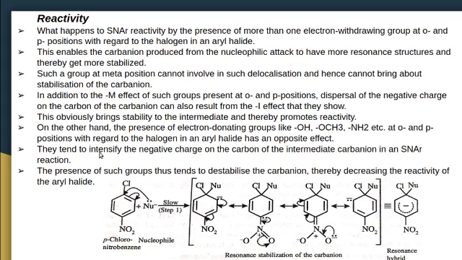That means they tend to intensify the negative charge on the carbon of the intermediate carbanion in an SNAr reaction. Electron donating groups at ortho and para positions intensify the negative charge of the carbanion, which also destabilizes the carbanion. The presence of such groups thus tends to destabilize the carbanion, thereby decreasing the reactivity of the aryl halide.